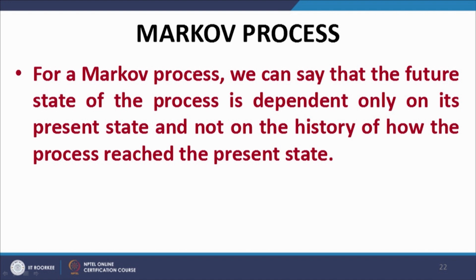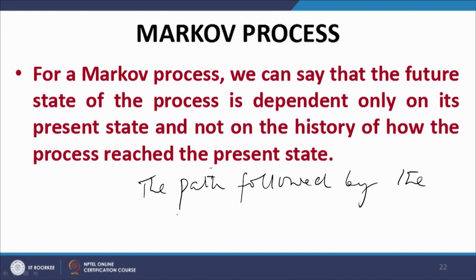So, let me quickly read it out. For a Markov process, we can say that the future state of the process is dependent only on its present state and not on the history of how the process reached the present state. This is important. The path followed by the system thus far is irrelevant.